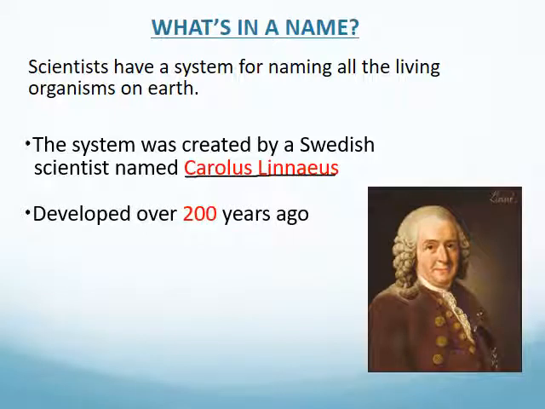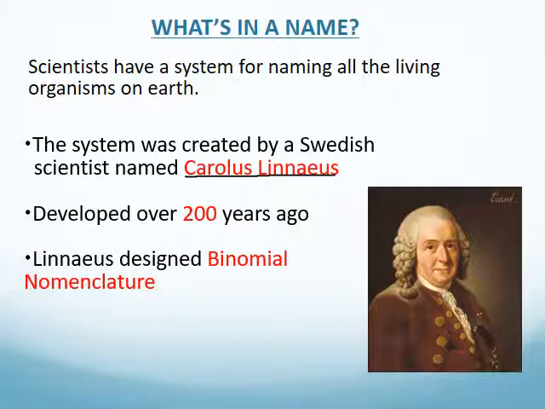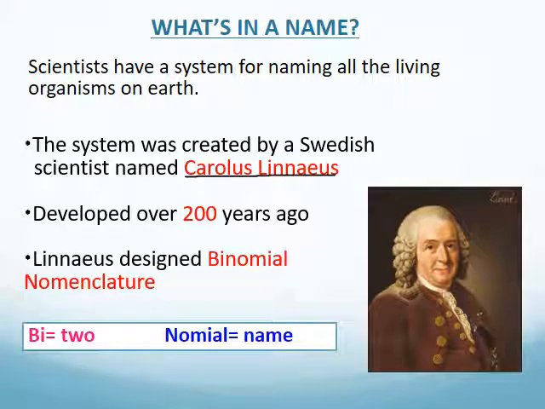Okay, and this was developed over 200 years ago. As you can tell by the photo, it's pretty old. Linnaeus developed binomial nomenclature. Bi means two and nomial means name. So two-name nomenclature. So you have generally a first name and a last name. We humans use binomial nomenclature as well.